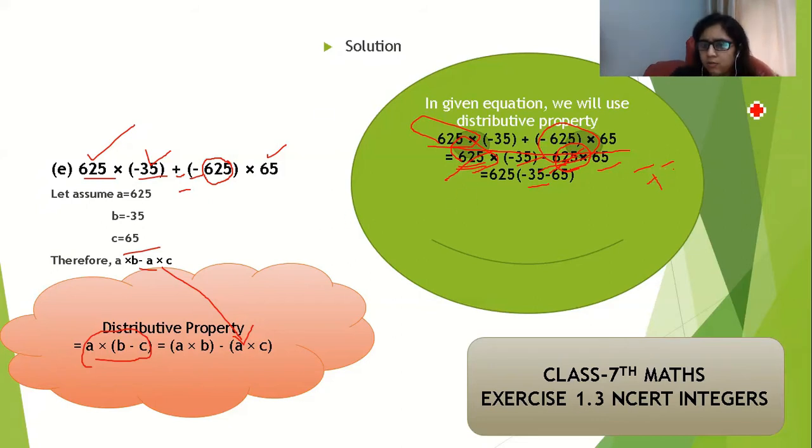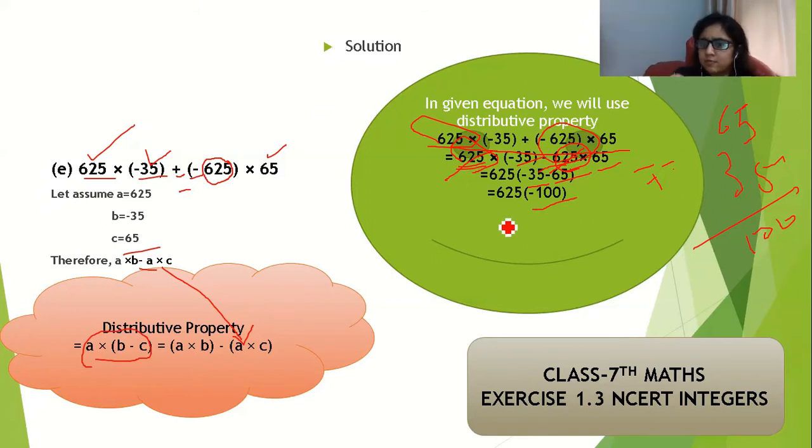So when I add these numbers, 65 and 35, I get the answer 100. But the sign of this 100 is negative, because the sign of the greater number, that is 65, is negative. So my answer will be minus 100.